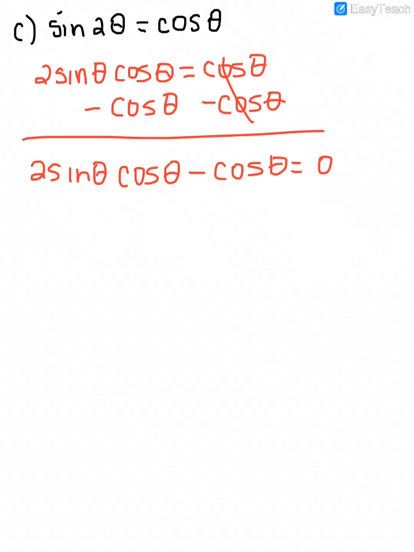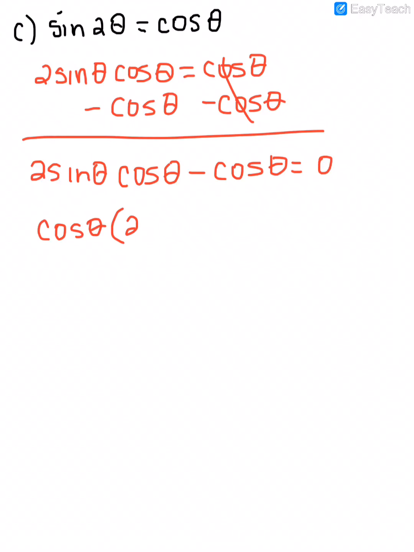Remember when we were solving equations in the other lesson, if we had more than one trig function, we would either need to replace it using an identity or see if we could factor one of the trig functions out. We have 2 terms here, and both of those terms have a cosine of theta in it. So let's just factor out cosine of theta.